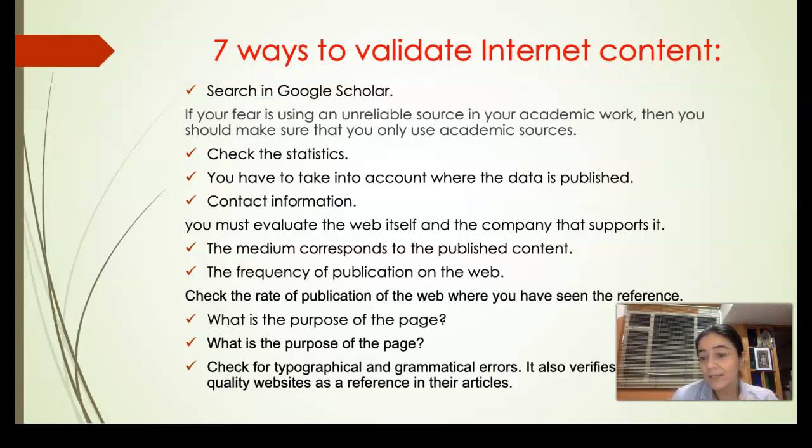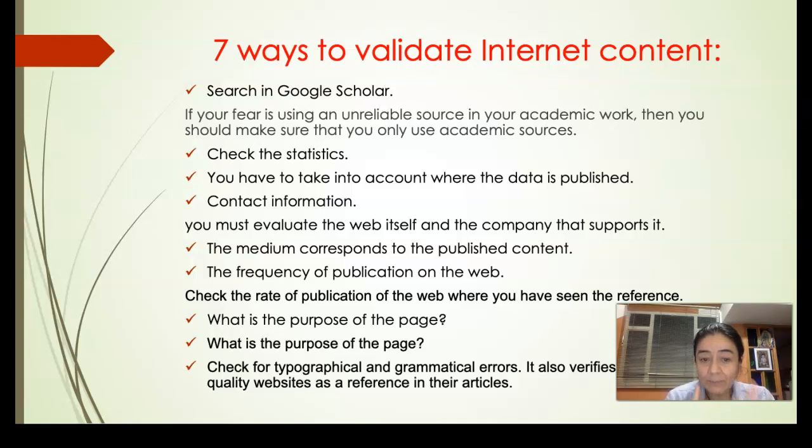The other is the content information. You must evaluate the website itself and the company that supports it. Is it clear? Okay. The other is whether the medium corresponds to the published content. The other is the frequency of publication on the web.